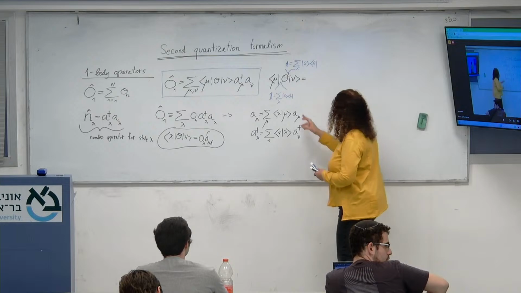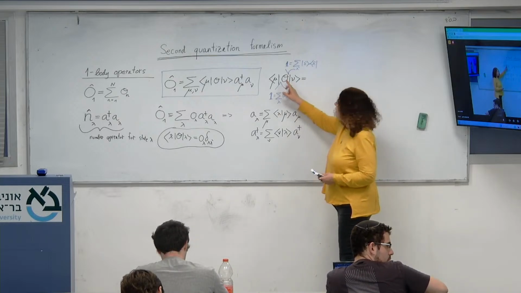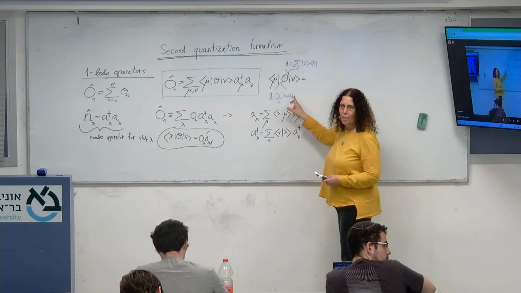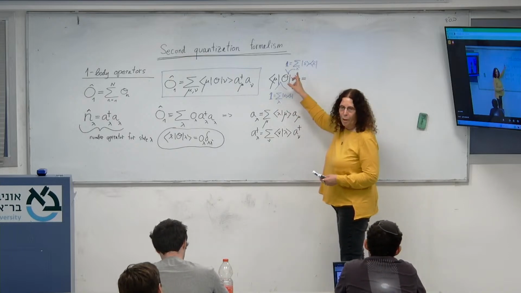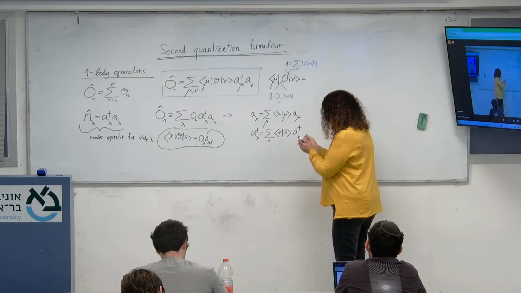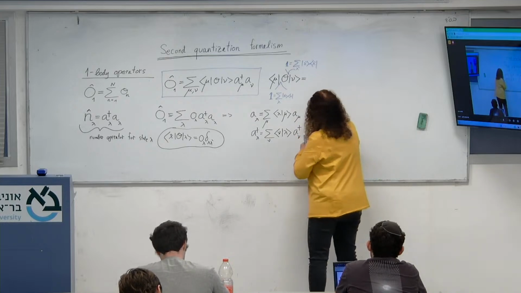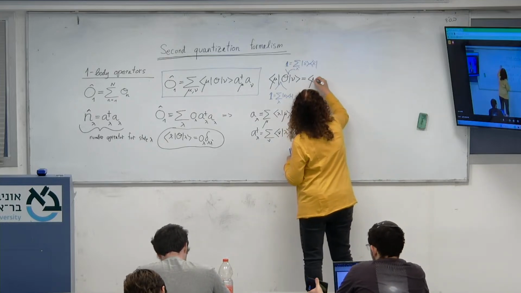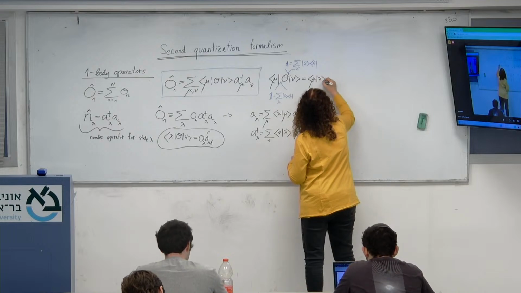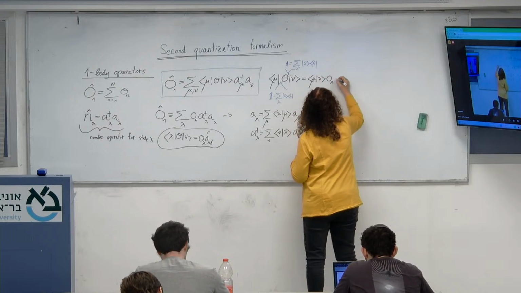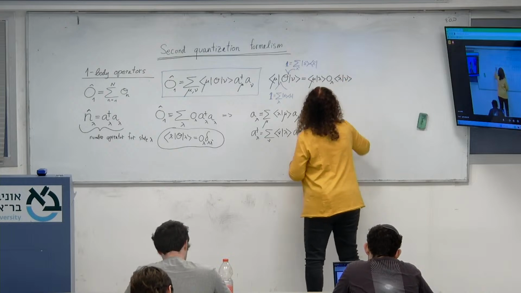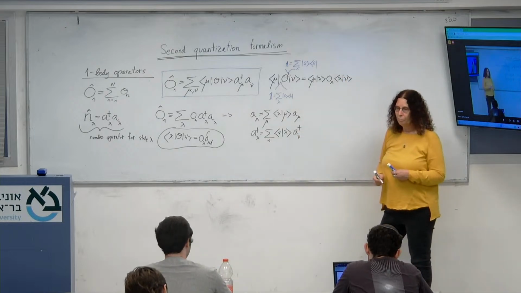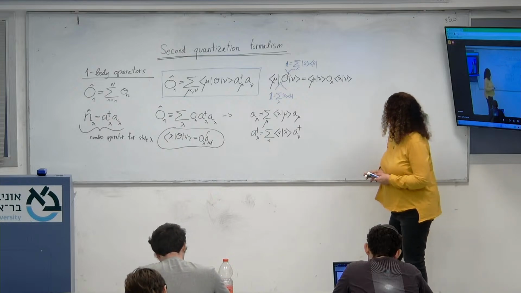Now, because this little o is diagonal in the lambda basis, I will get a delta of lambda and lambda prime, and the result will give me <mu|lambda> O lambda <lambda|mu>.